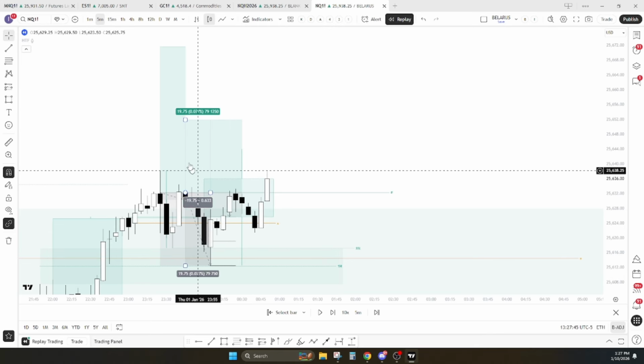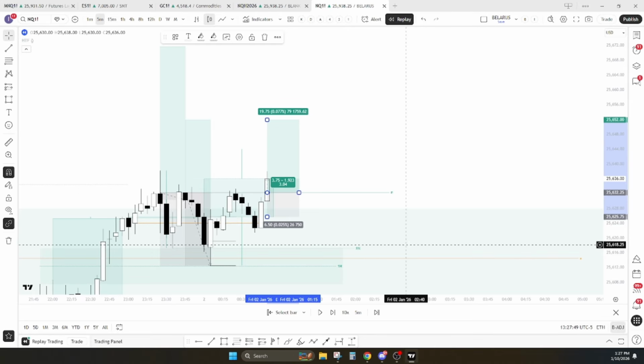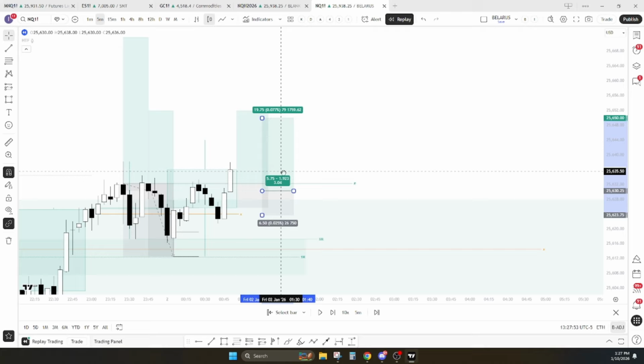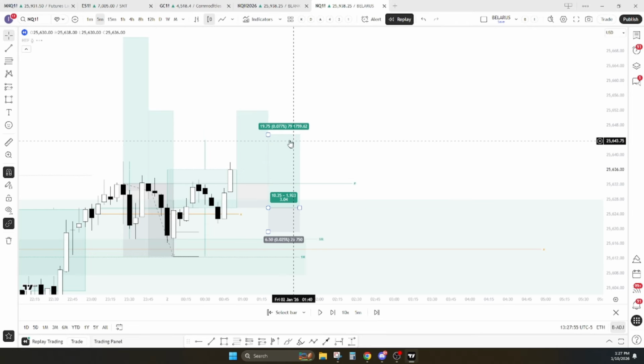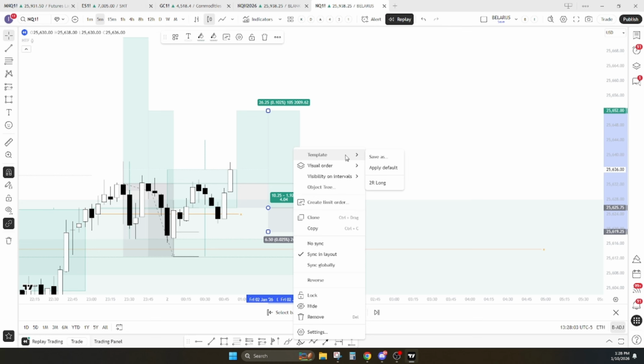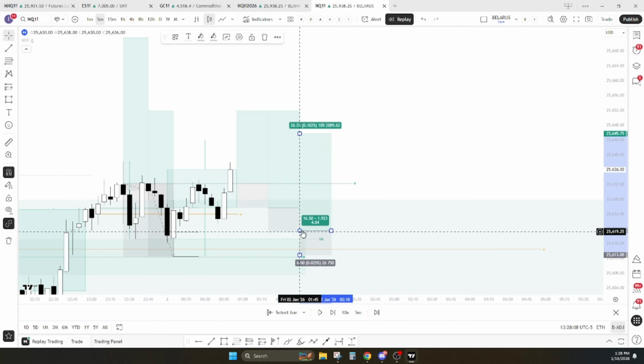So again, we've already confirmed the CISD. We do have one entry ready here. So that would be the first one, and this would be the second. I'm not going to be so nitpicky upon entering. I'll worry about the fact that I'm trading it.